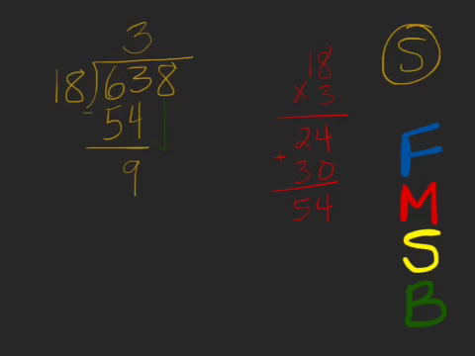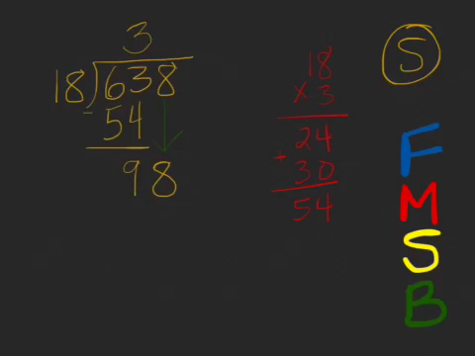And we're going to bring down the next digit, which is an 8. So now we have 98. Okay, well, we need to go back to Father, find something here that we can multiply by 18 that gets us either less than or equal to 98.